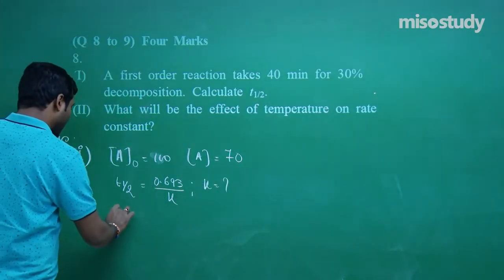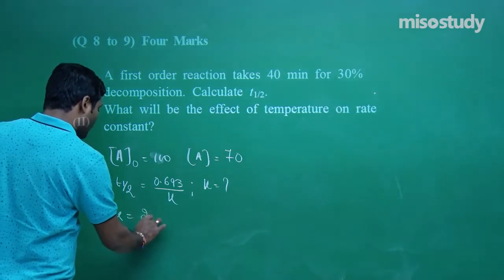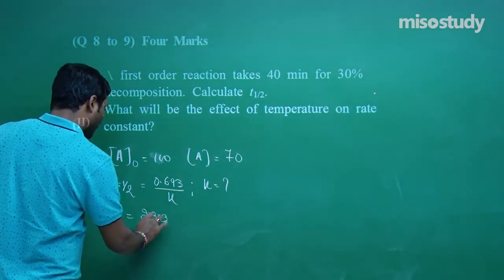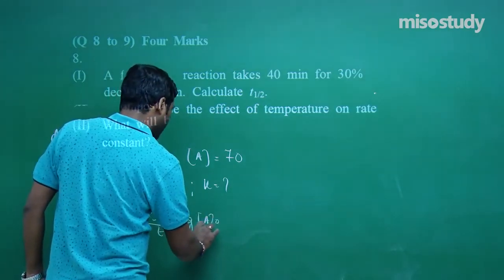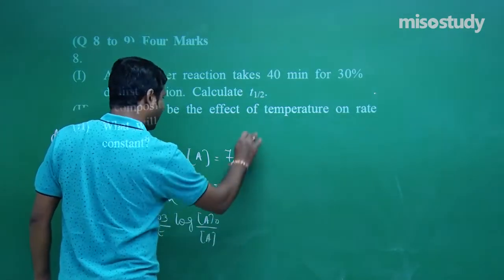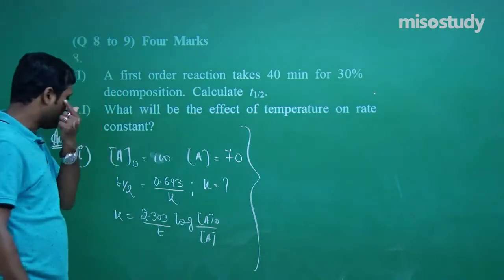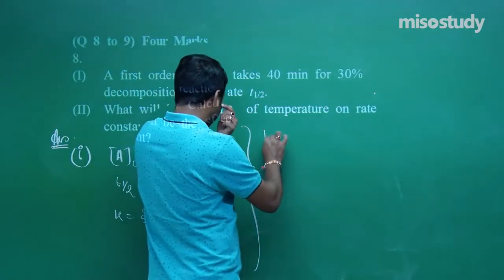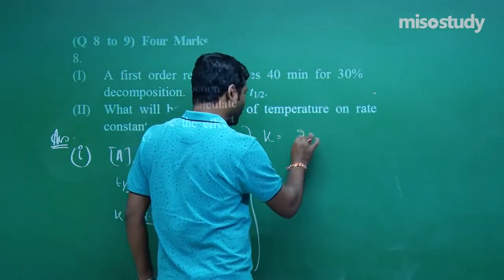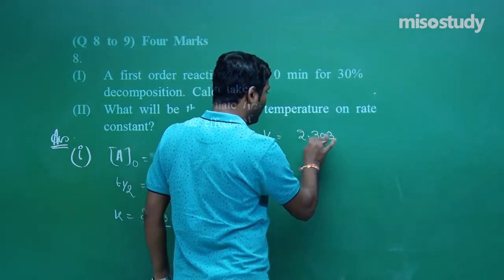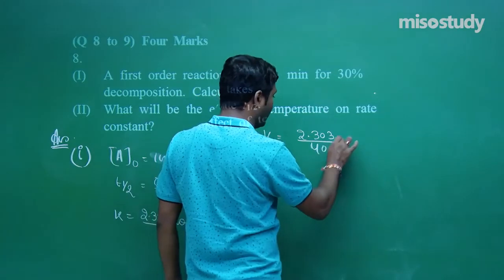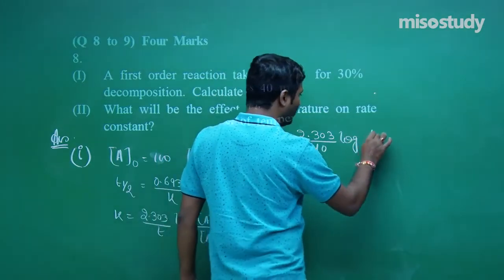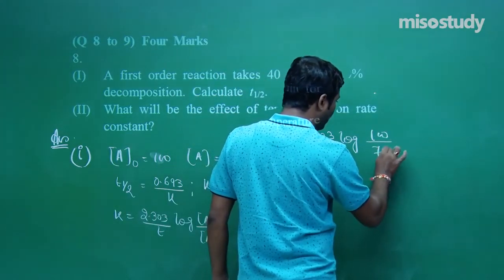K is equal to 2.303 upon T log A naught upon A. Yes, definitely log A naught upon A. Now put the value. K is equal to 2.303 upon T. What is T here, my friend? 40 minutes. Put here 40 minutes into log A naught, here 100 upon 70.